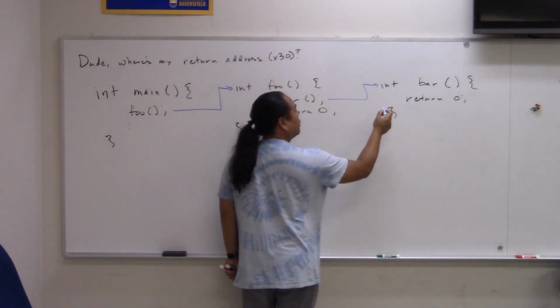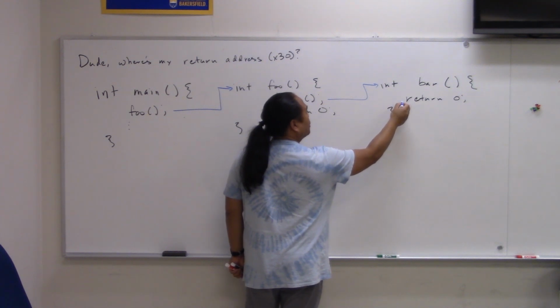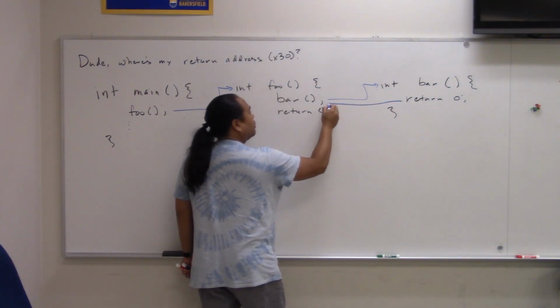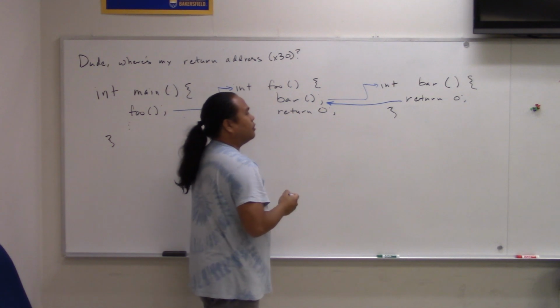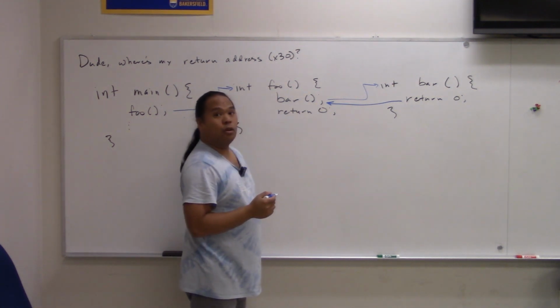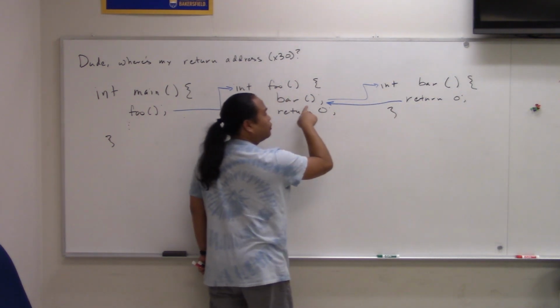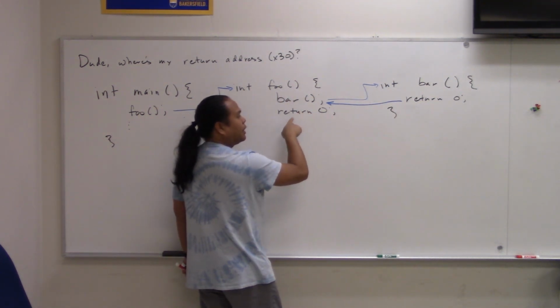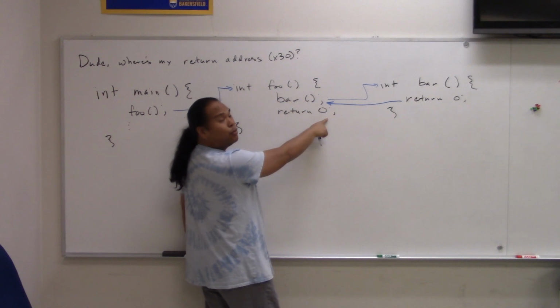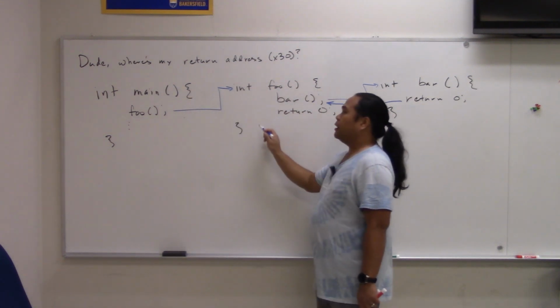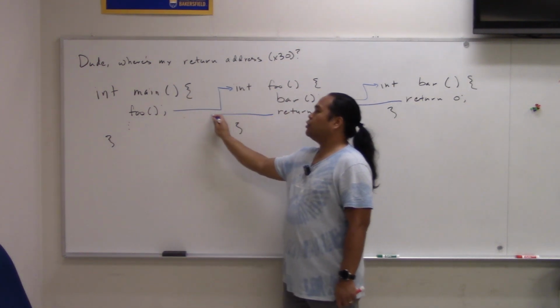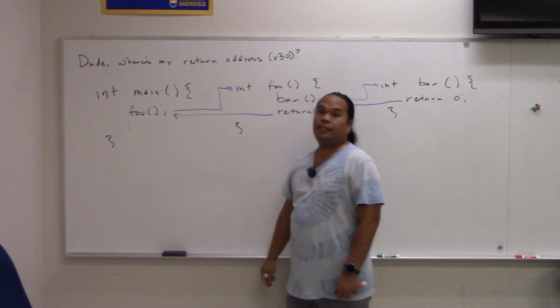When we hit the return, we have this expectation that the return will place the flow back to where the function call was made. So it should call bar and it should return from bar back to this point, and then we hit the return inside of the foo block. And what will happen there is it should return back to main.